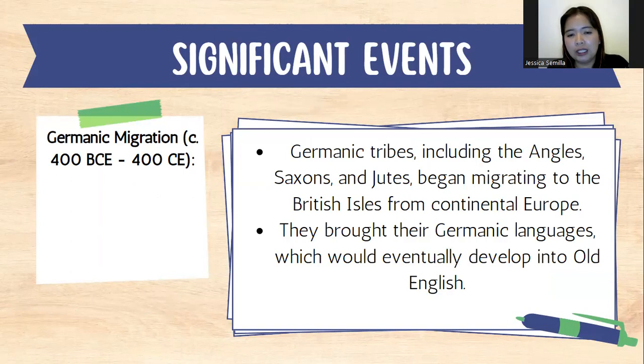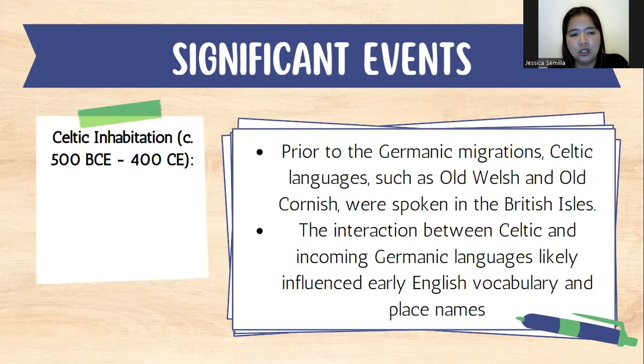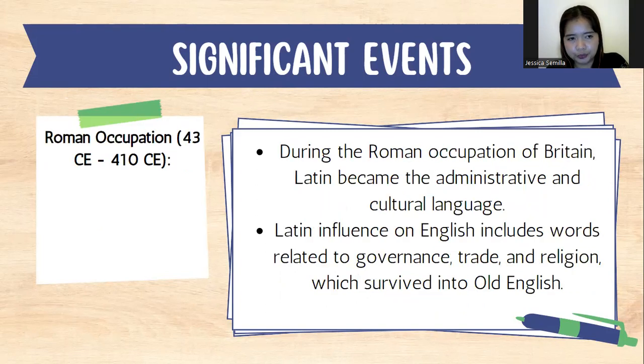They brought their Germanic language, which would eventually develop into Old English. The next one is the Celtic inhabitation. Prior to the Germanic migration, Celtic languages such as Old Welsh and Old Cornish were spoken in the British Isles, and therefore this interaction between Celtic and incoming Germanic languages likely influenced early English vocabulary and place names.